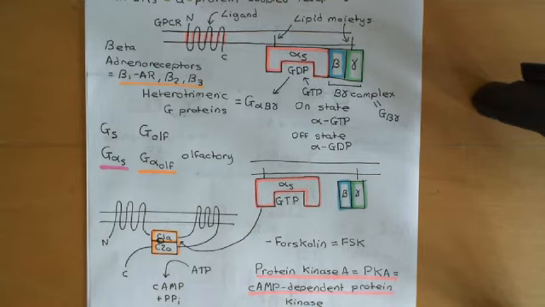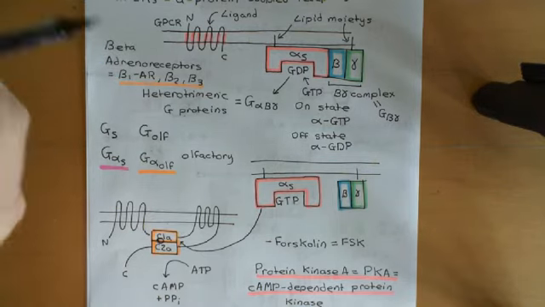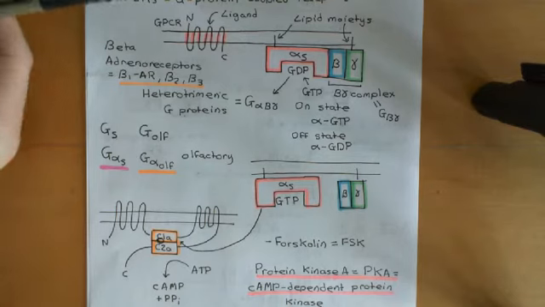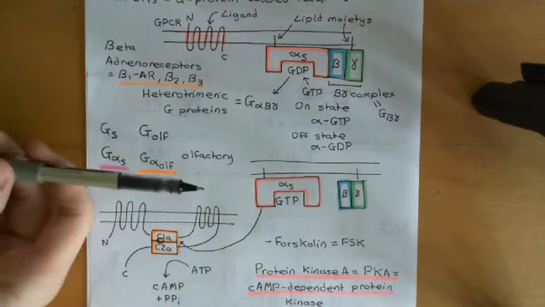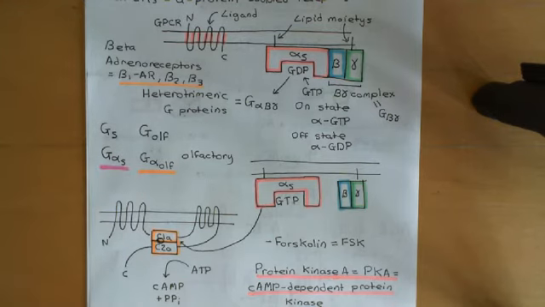So it can activate a huge number of GS heterotrimeric G proteins. So that's the first point in this signaling pathway where you get amplification. A single G protein coupled receptor with its ligand molecule bound can cause a lot of alpha S GTP to be produced. So that's the first point of amplification.